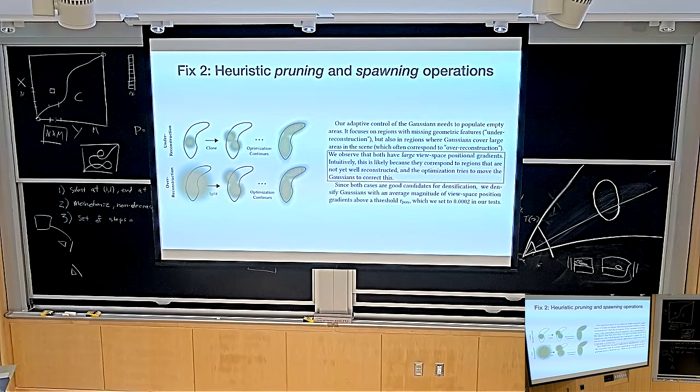Then they have a little step, which I don't have on the slides, where they initialize the densities of these 2 Gaussians such that their volume integral gives the same result as the volume integral of the one big Gaussian you started with. They set it to the same color as the Gaussian that they split. And when you merge them, I would guess it's the mean or something like that.